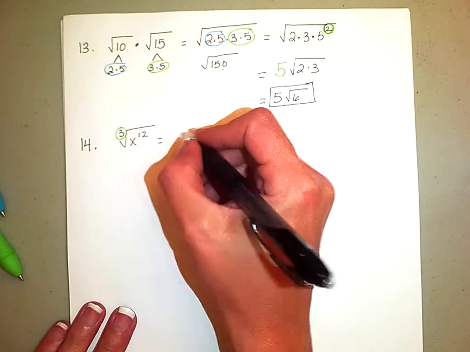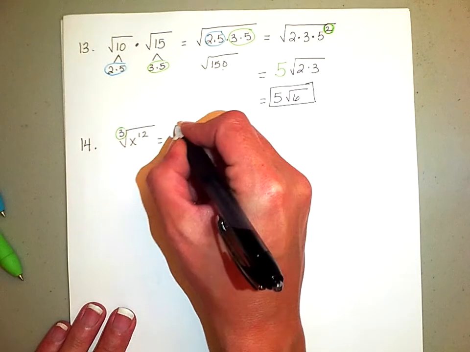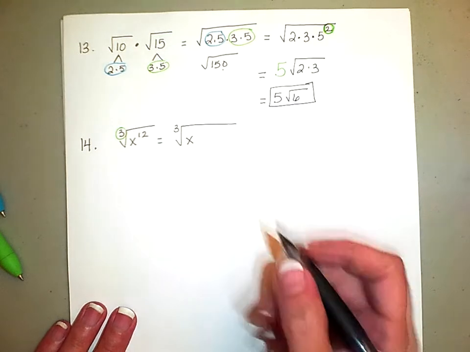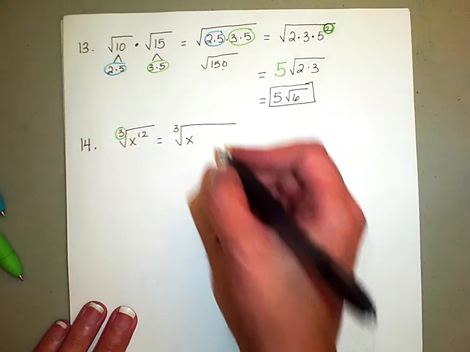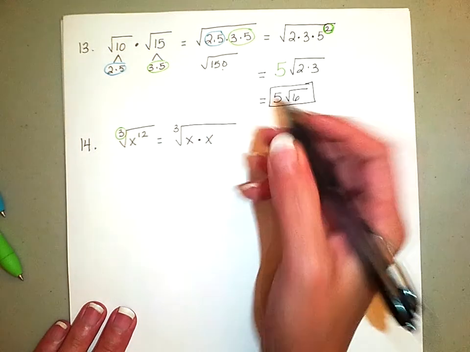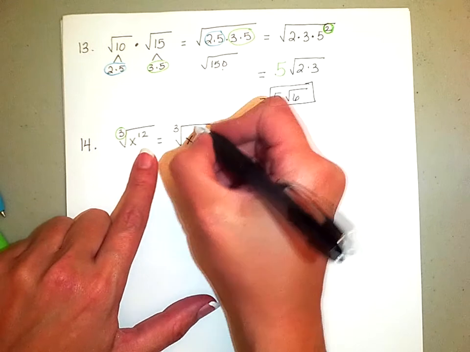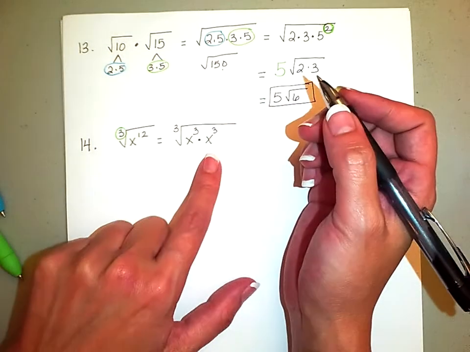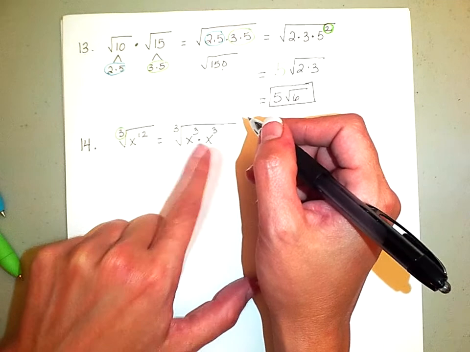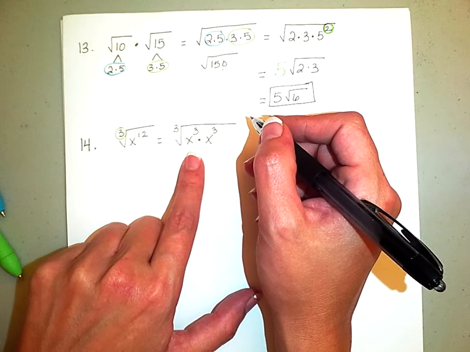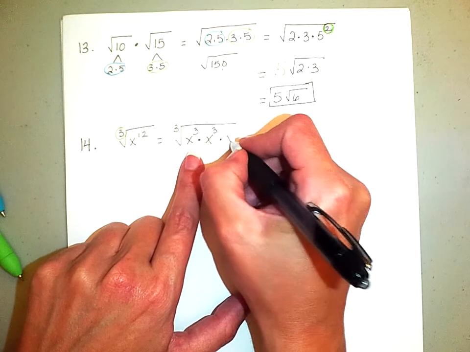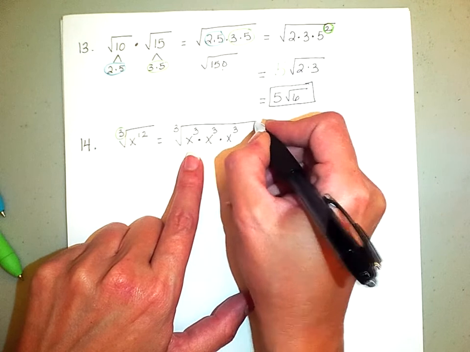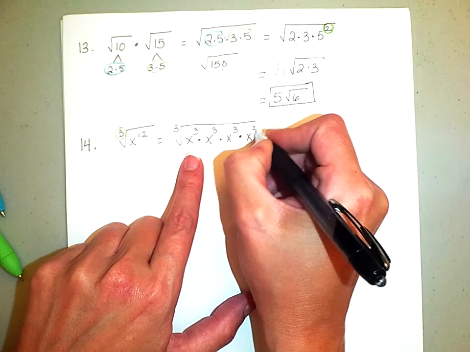Well, I know this. When multiplying with like bases, I could add the exponents. So for example, x cubed times x cubed is really x to the 6th. If I add another one, that's x to the 9th, and one more would be x to the 12th.